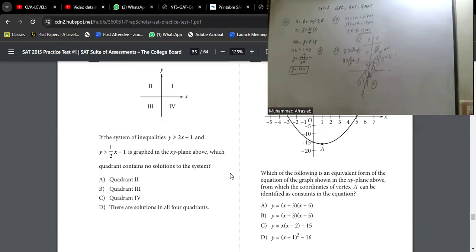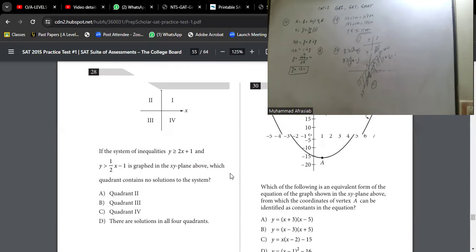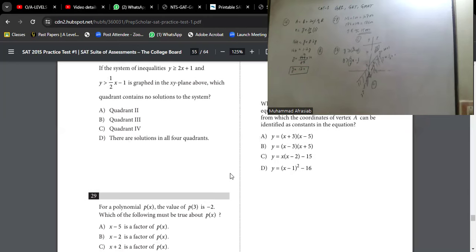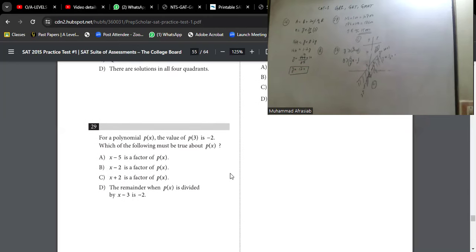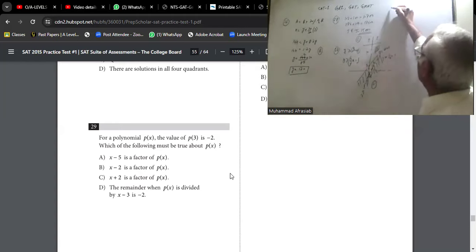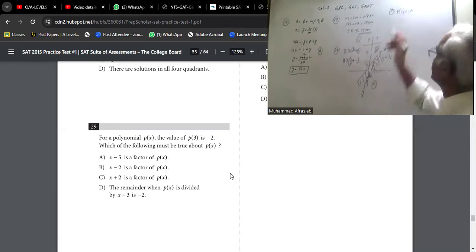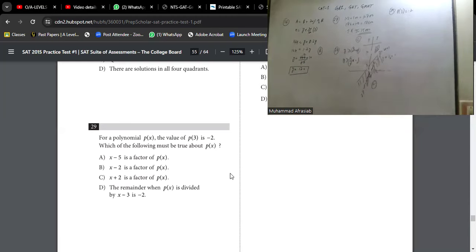Question number 29. For this polynomial P of x, the value of P of 3 is -2. Which of the following must be true about P of x?